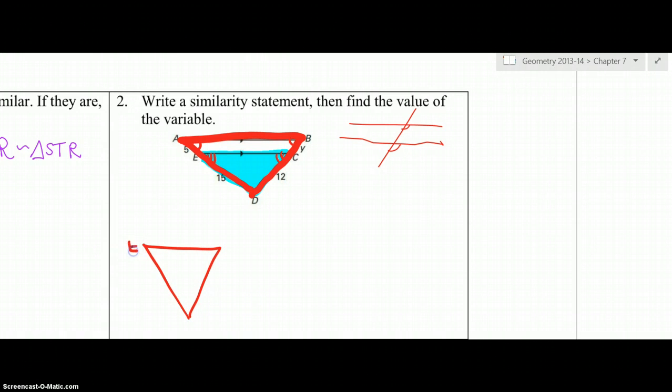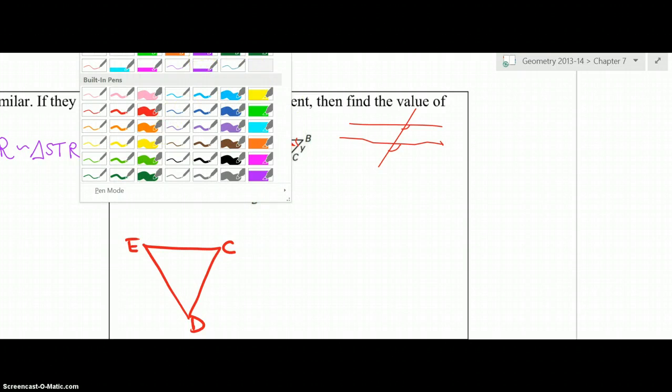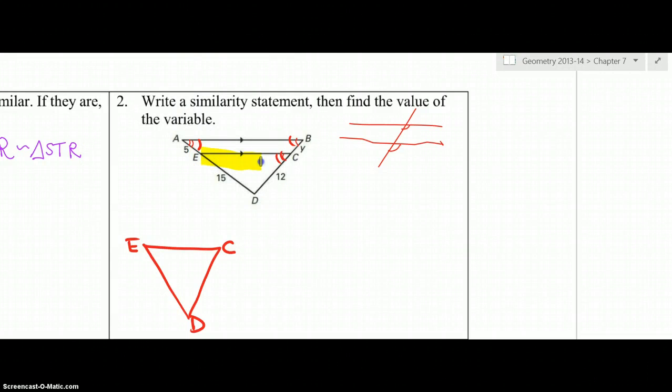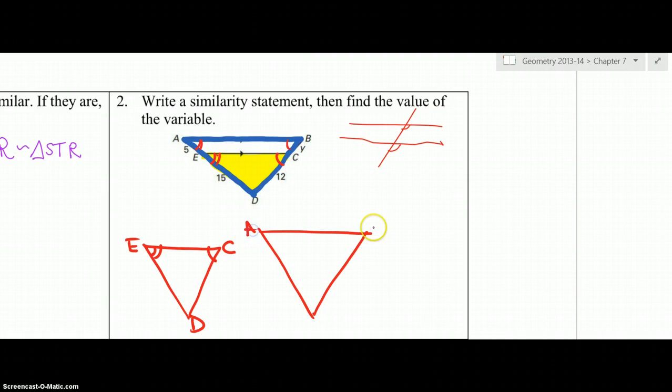So this is the smaller triangle, ECD, that blue triangle. And I think I'm going to start my markings over here because I want to make sure that this looks nice for you guys. Also, the big triangle, ABD.